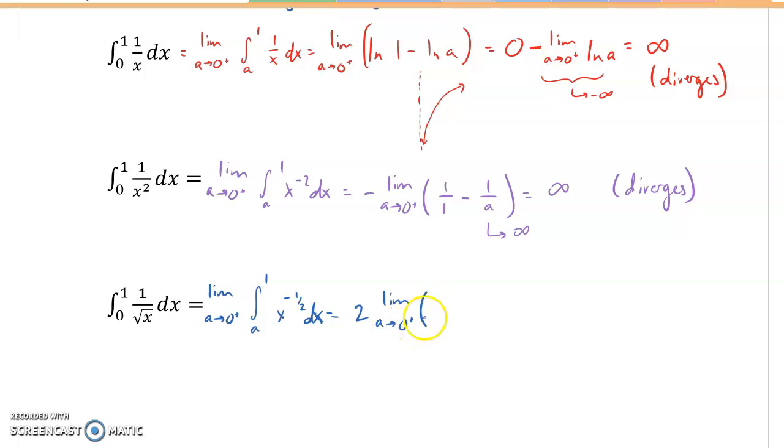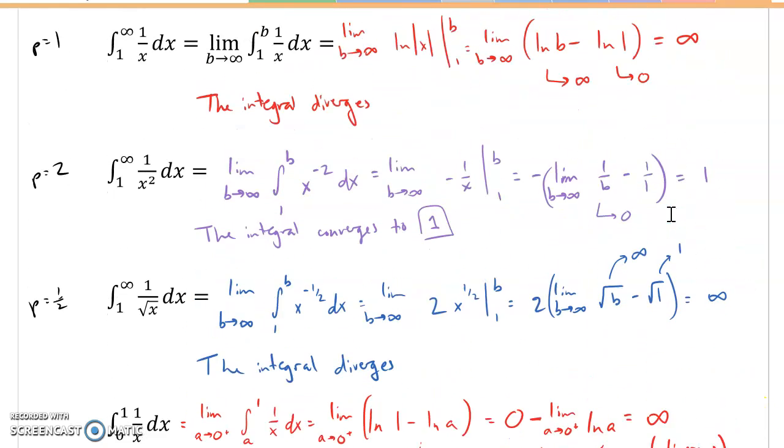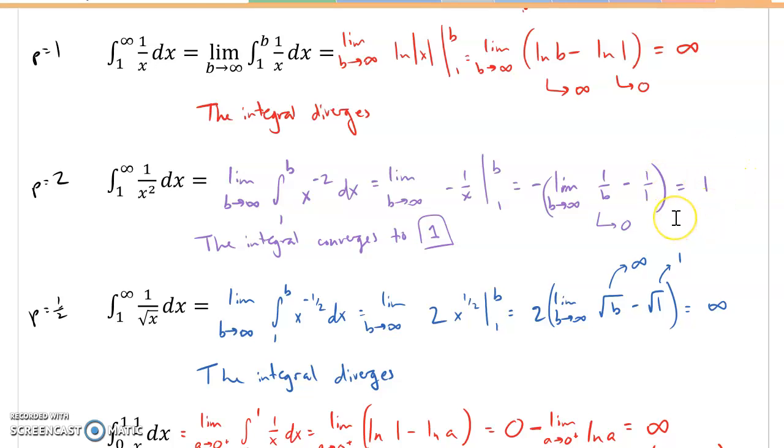We'll evaluate the square root of 1 minus the square root of a. Well, wait a second. The square root of a is just 0. So we just get 2 times 1 minus 0, which is 2. So this integral converges, which is not surprising, but what perhaps is surprising is that the converging value is 2 instead of 1.